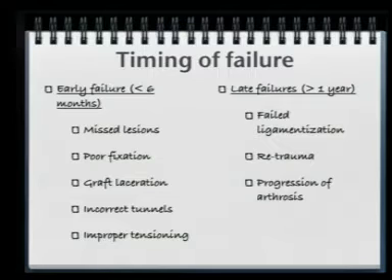ACL failures can be classified as early or late. Early are those within the first few months of an ACL reconstruction, and these are commonly because of graft related failures. So you could have poor fixation, graft laceration, incorrect tunneling, improper fixation, or missed lesions. And late failures are probably because of re-injury, either aggressive rehab or a re-injury after complete rehabilitation after an ACL.